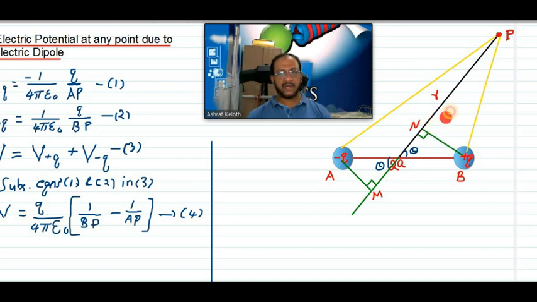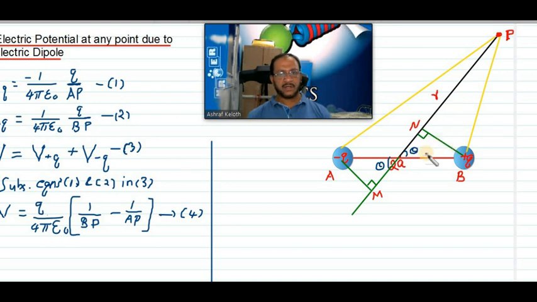NP and BP will be the same. Right now it is not looking the same, isn't it? No, sir. But it will be almost the same. There won't be much difference if it is an ideal dipole. If you bring these two charges very close to each other, in the order of angstrom, inside a molecule, we can take BP and NP as equal. So instead of BP we can substitute NP.